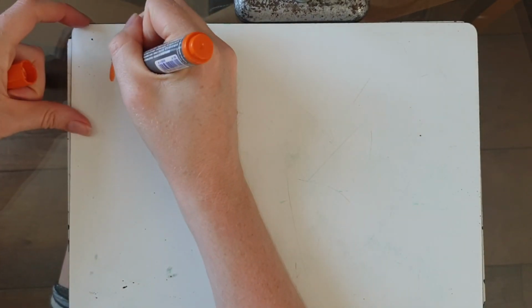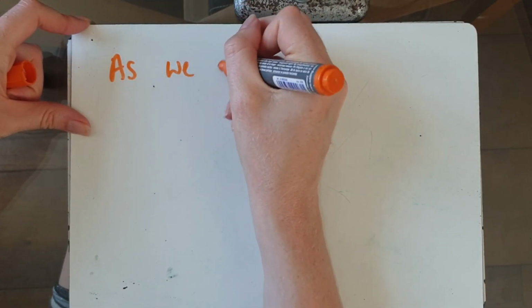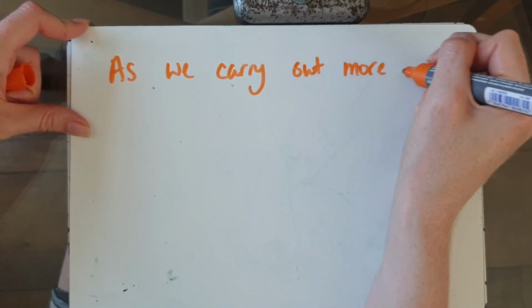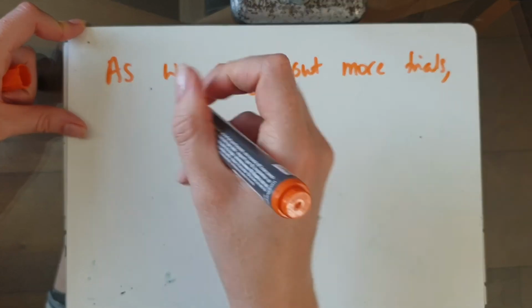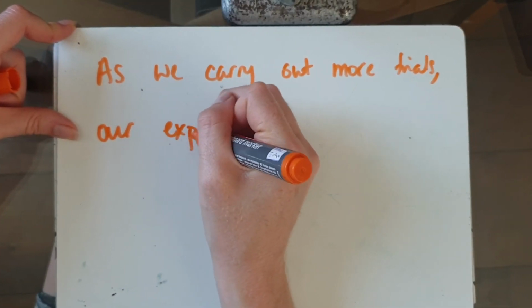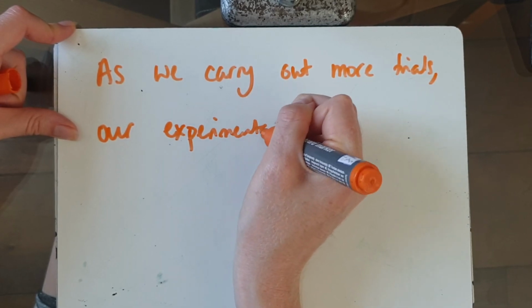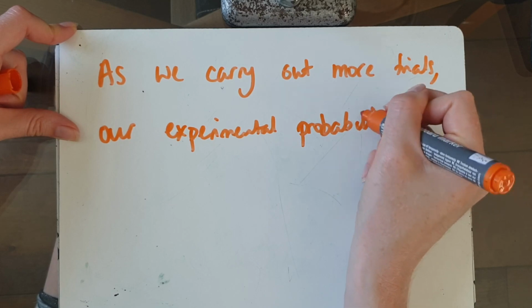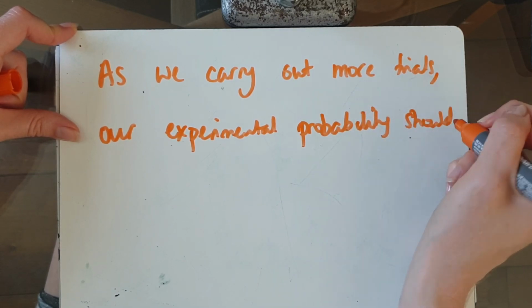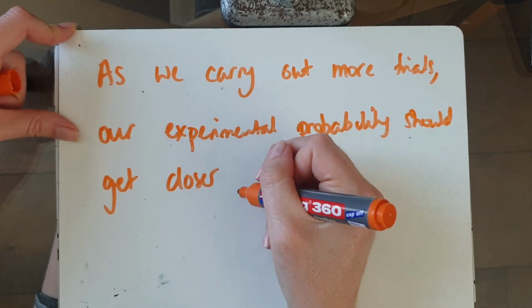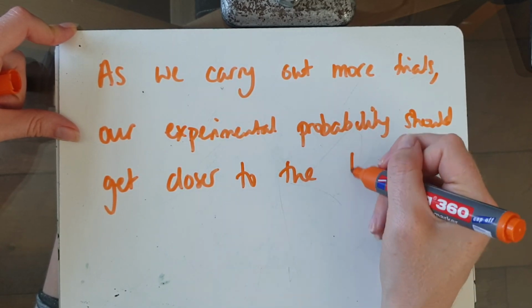Because the next thing we're going to say is, as we carry out more trials, our experimental probability should get closer to the theoretical probability.